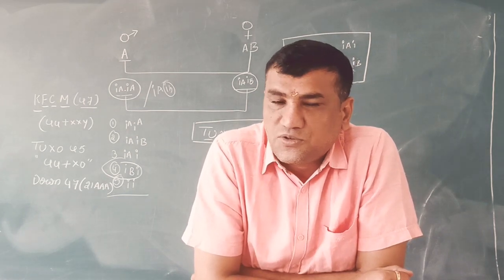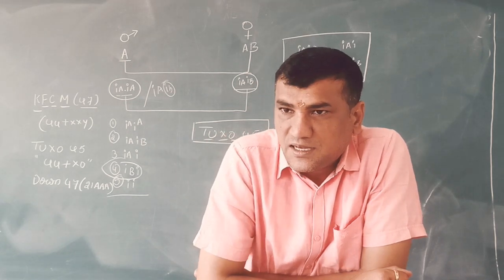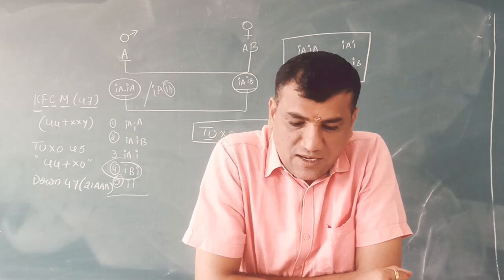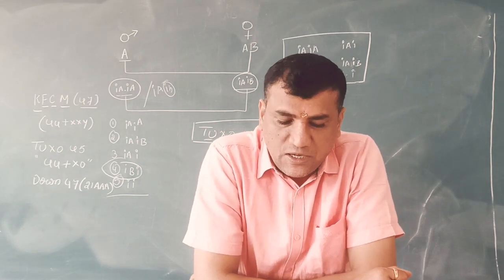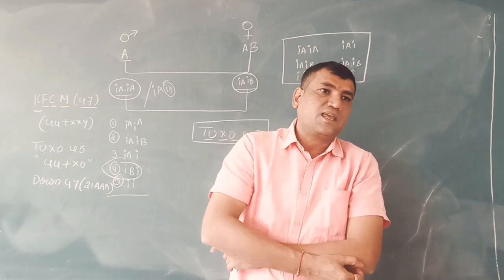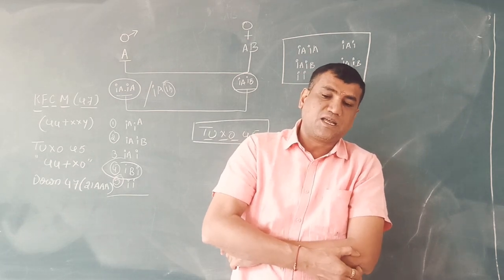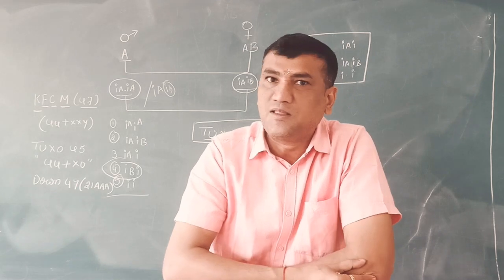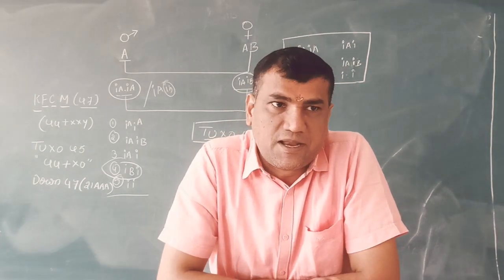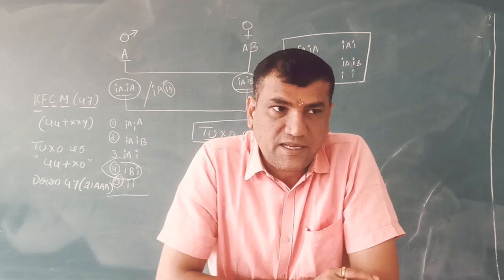It is present on which chromosome? Who are the carriers for this disease? Mothers are carriers. So, if a father is colorblind, we can eliminate two options. One is the brother, one is the sister. Mother can be a carrier, but not colorblind. If daughter is colorblind, means obviously father and mother are carriers. Mother is a carrier, father is colorblind. Remember this point.